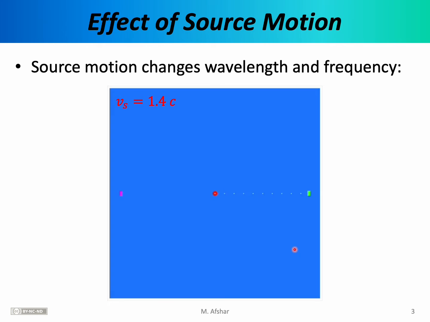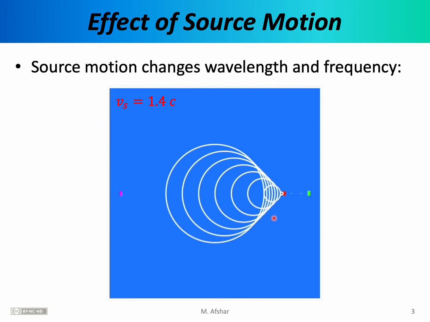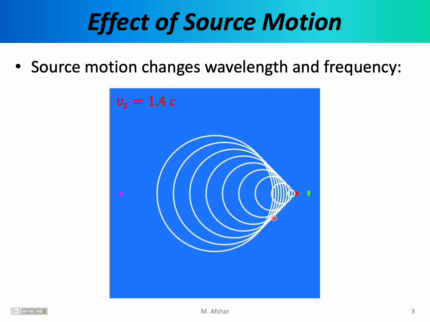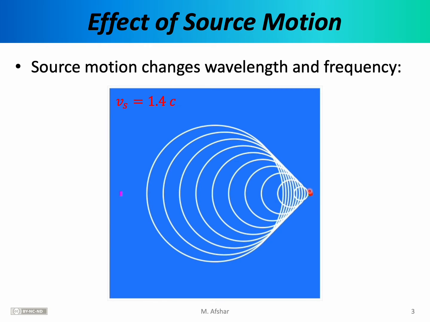This effect of overlapping wavefronts becomes even more prominent when we move even faster. Here, the source is moving at 1.4 c. It's clearly staying ahead of the waves, so it's outrunning the sound waves. And behind the source, there's now this triangular region where on the boundaries multiple wavefronts are overlapping.